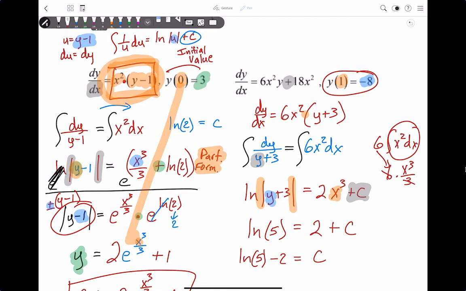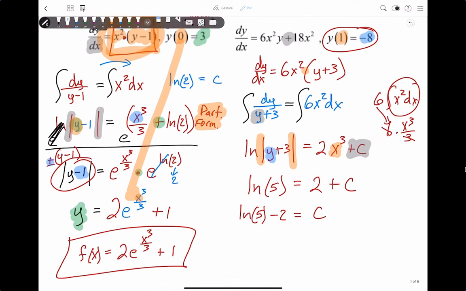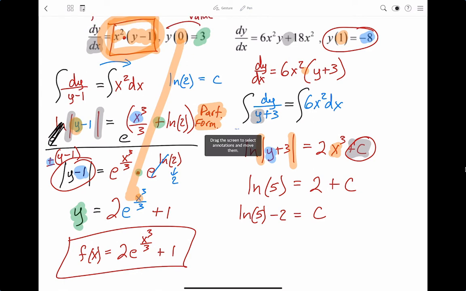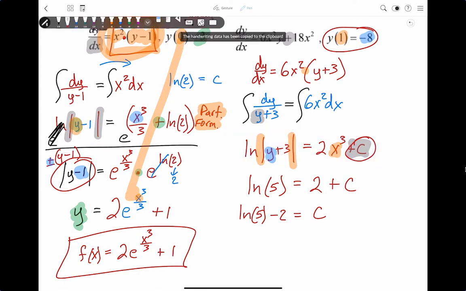Now that I know what c is equal to, let's go ahead and plug it into our general solution right here, and then we can solve for y and get y all by itself. So let's do that now. I'm going to save a little bit of time by just copying this over.